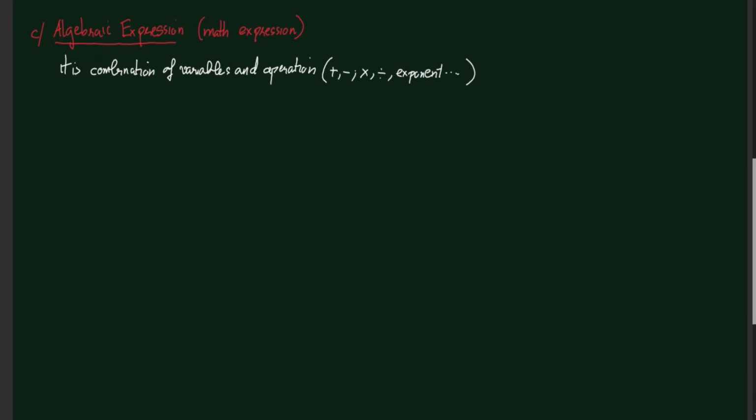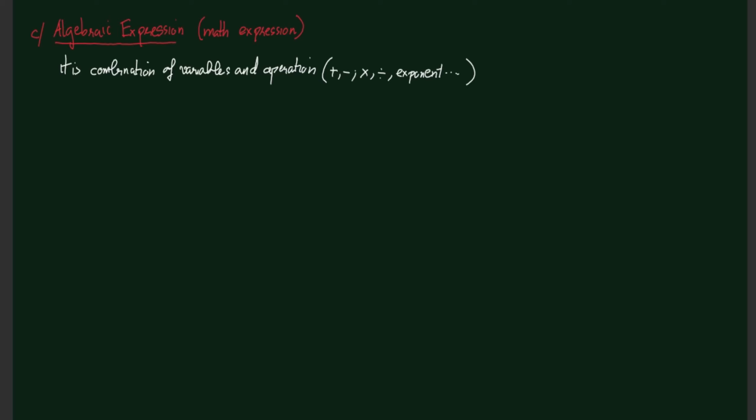I can give you examples of what an expression looks like. Because it's a combination of variables, it means it's a combination of numbers and letters, right? And it could be any letters you want, x and y, t, whatever it is.